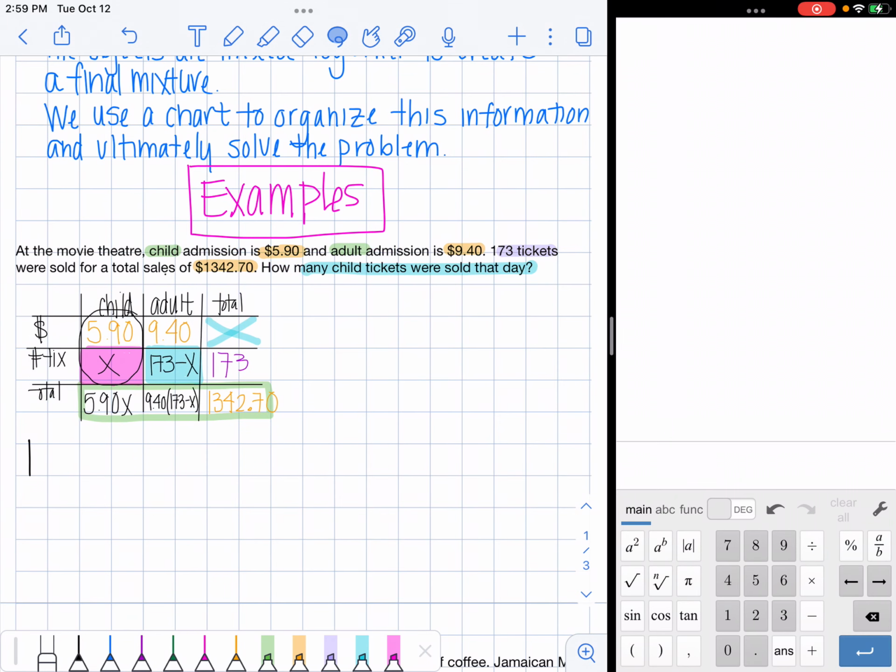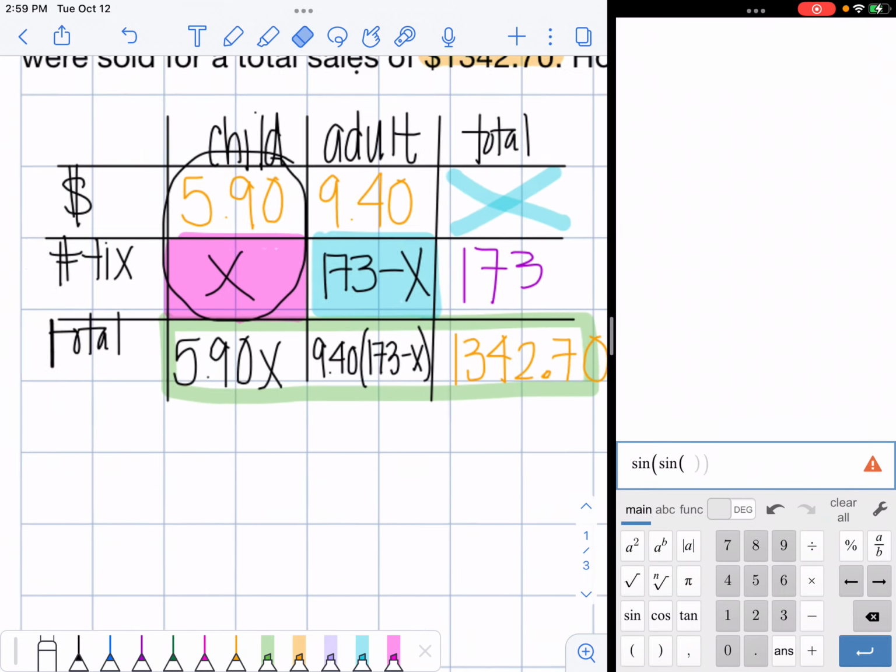So I'm going to use my bottom green to write my equation. I'm going to zoom this in also so that I have some more space so that you can see.